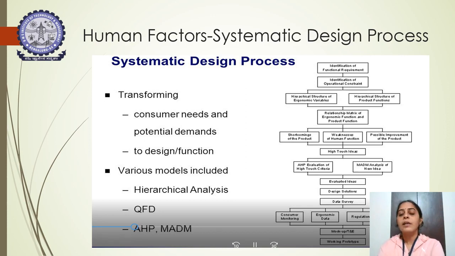In each and every stage of the design process there is involvement of the human factors. We have dealt with the systematic design process. Again, I don't want to go ahead with it, I'm just showing you the interrelation of human factors with respect to the design process.